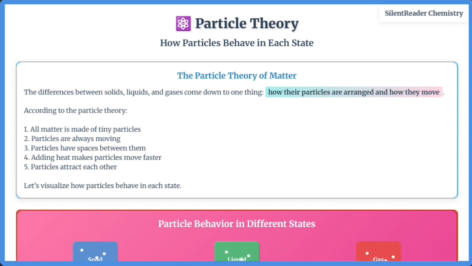In gases, particles move freely with very weak attraction. When we add heat, particles move faster, which can cause state changes. Evidence for particles includes diffusion where smells spread through air, Brownian motion where tiny particles jiggle in liquid, and how materials expand when heated.